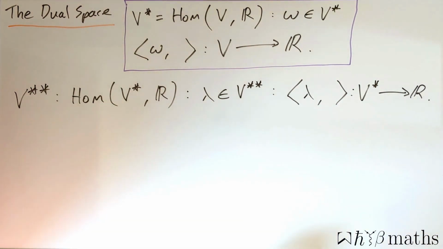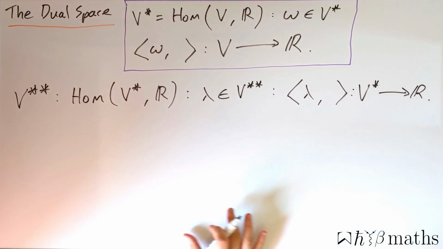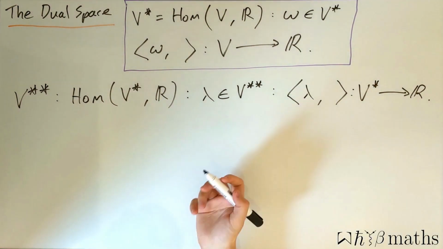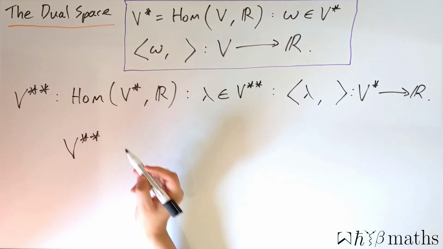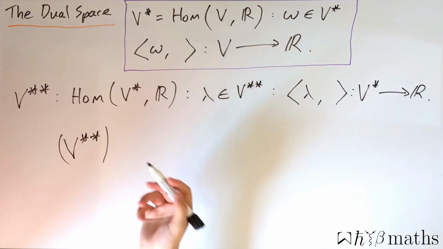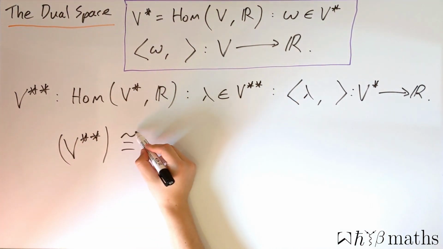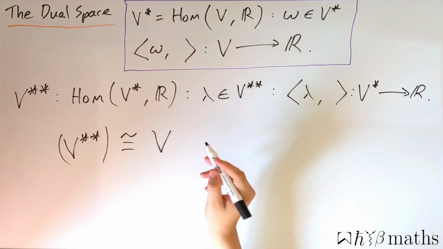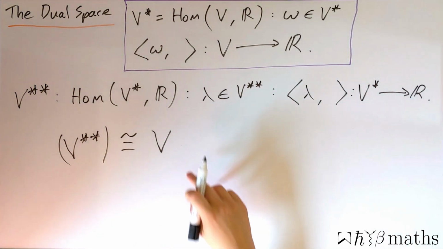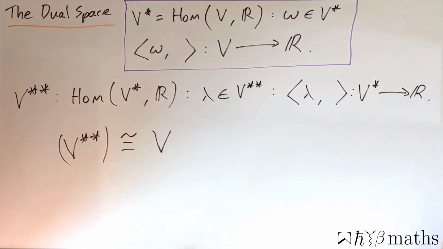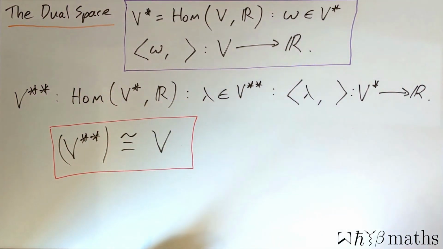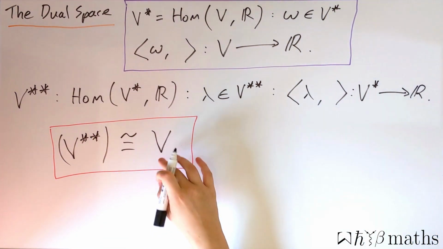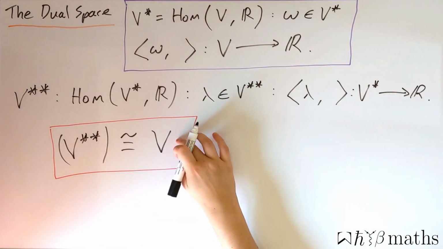So now this is where things can get a little bit abstract and confusing, and I'm not really going to want to dwell too much on the details of this. I'm just basically going to tell you that the double dual space is, in fact, in a very natural sense, what we call isomorphic to the actual initial vector space. And now we can only understand this in the case where the vector space is finite dimensional, otherwise it doesn't work.